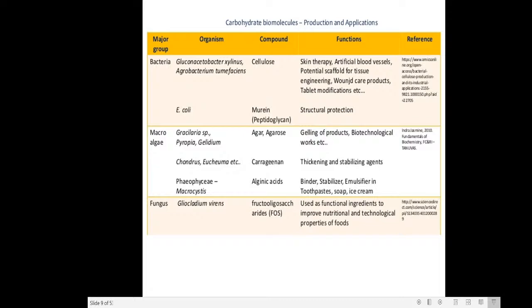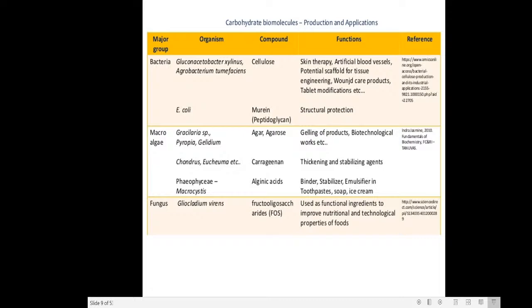This product is helpful for skin therapy because it gives new cell generation. It's also used for artificial blood vessels production and as potential scaffolds in tissue engineering. Scaffolds means it produces new tissue parts. It is highly rich in fibers, so it's able to make a strong bonding with the already available tissues, and it is also easily growable.